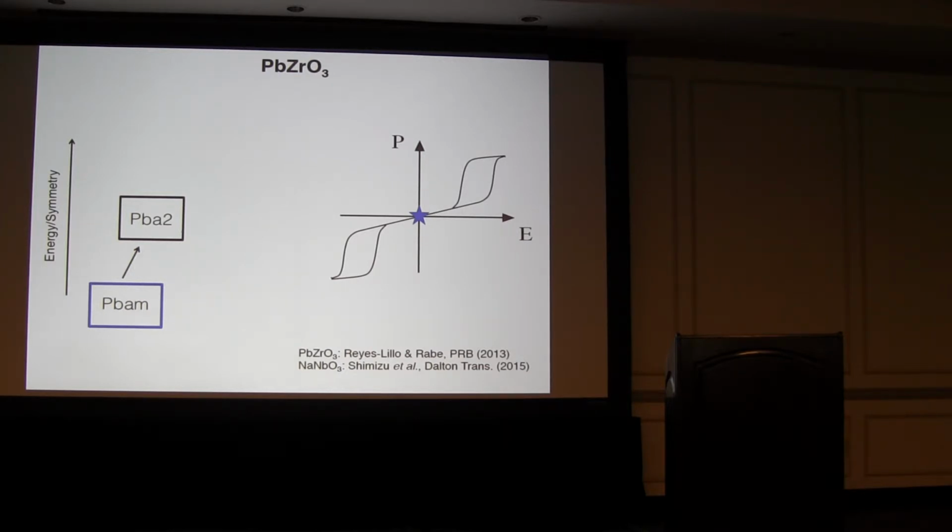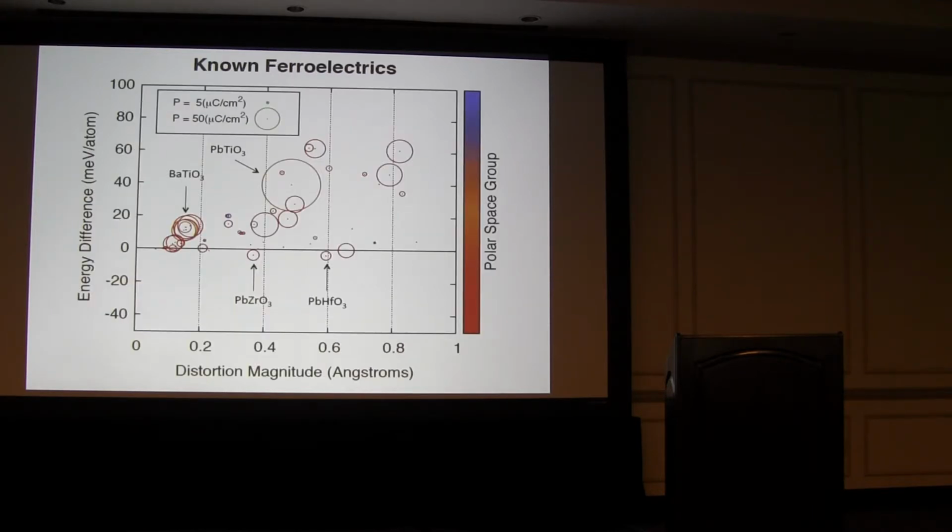The real field-induced ferroelectric phase, which we know has an R3c structure, is not in the database, and therefore it is not possible to find through this process. Okay, so an antiferroelectric looks more like this. You will have a positive energy between polar and non-polar, but there will be a third structure which is antipolar as the ground state.